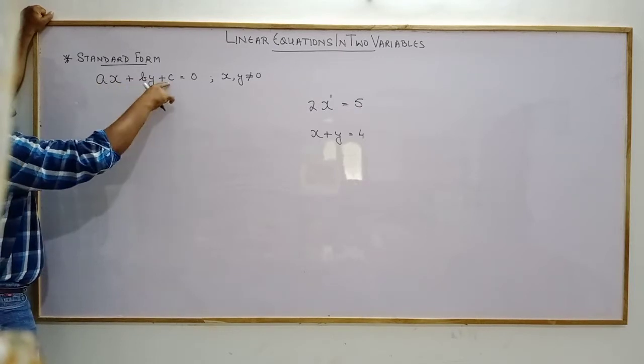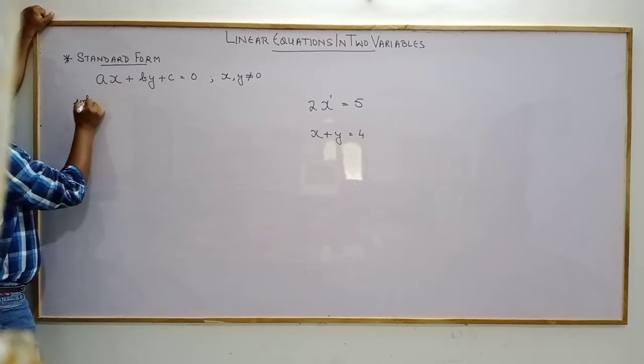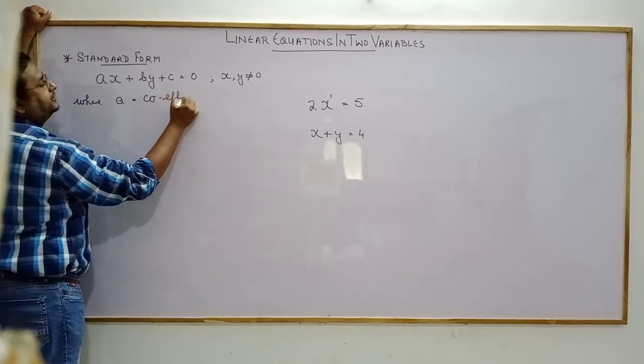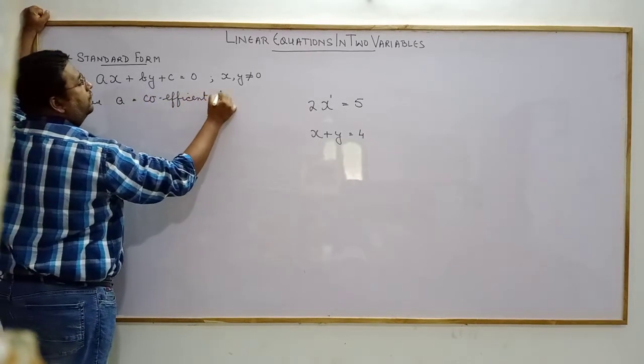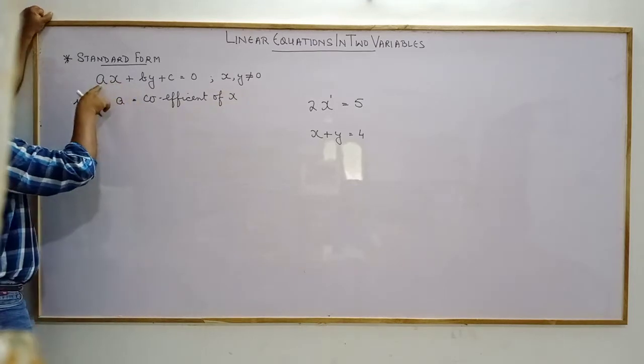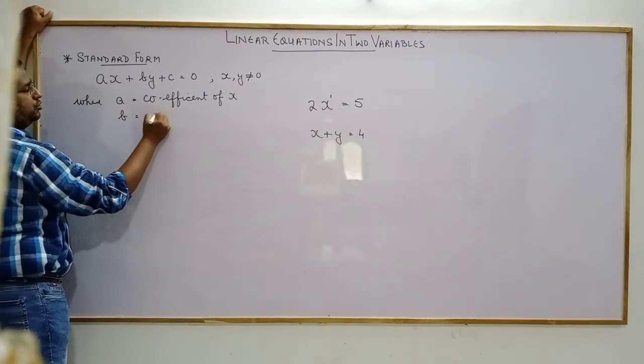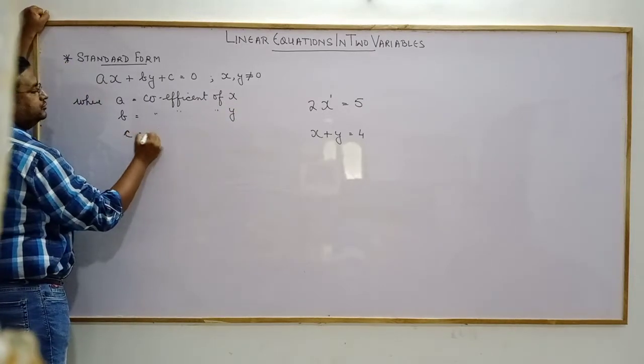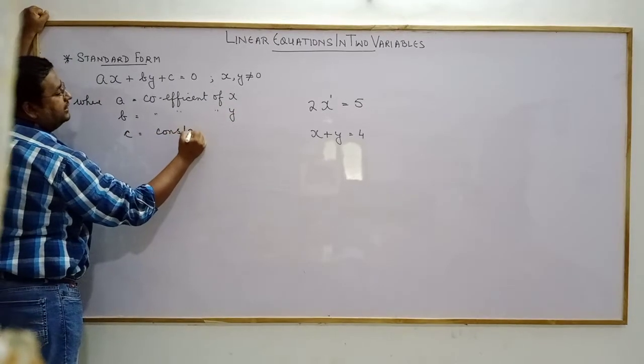What about this a, b and c? Where a is known as the coefficient of x. Can you see that? b is known as the coefficient of y and c is known as the constant term.